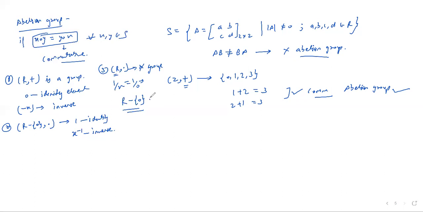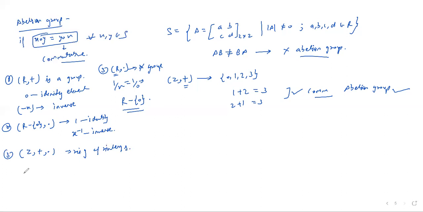If I talk about the set of integers Z with the composition of addition and multiplication, it forms a ring of integers. How? We'll see it.